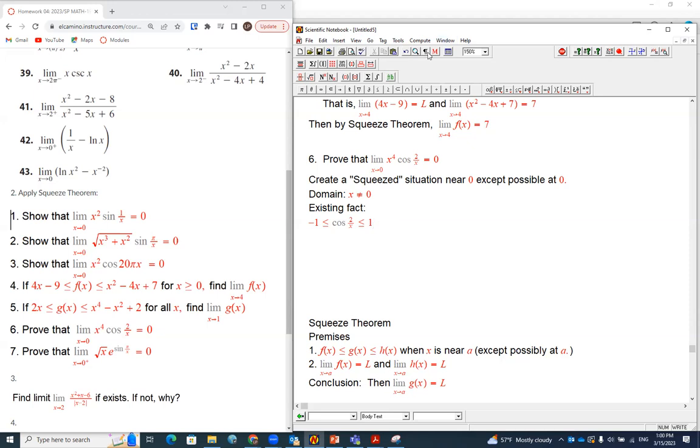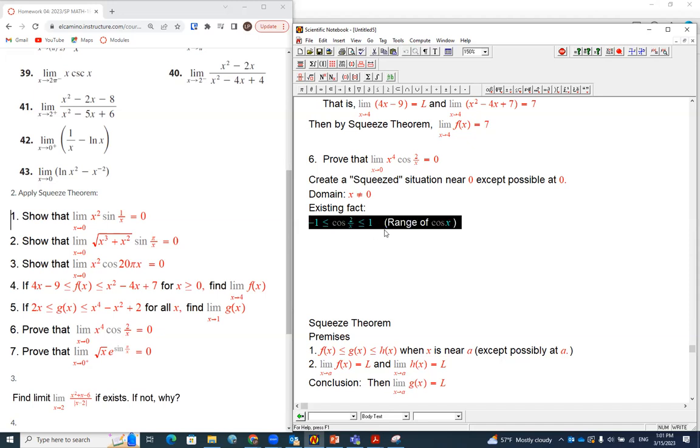This is the range of cosine. If you want further information, you will find a lesson in week 1 on the cosine function. So we're using that fact.